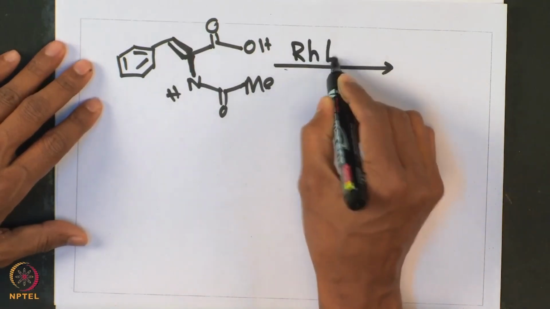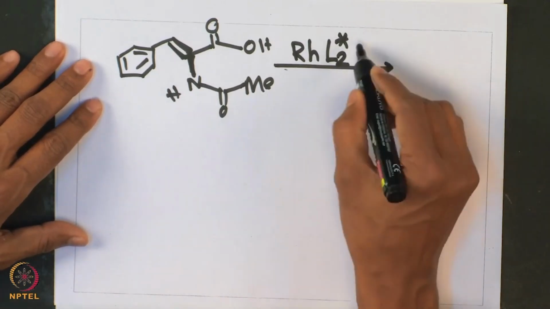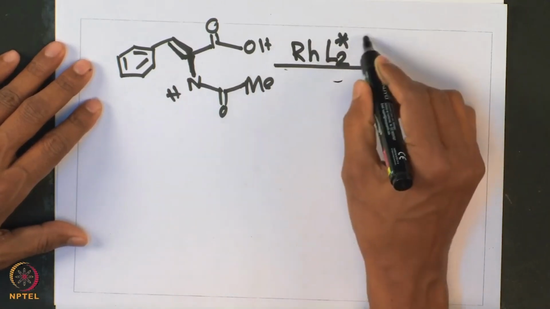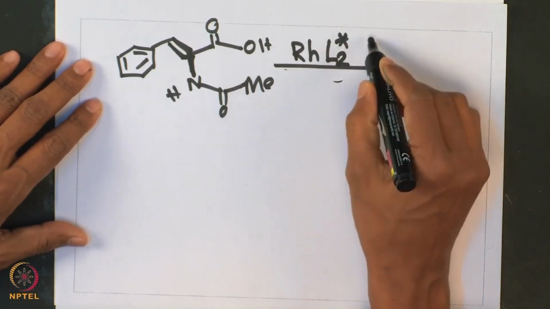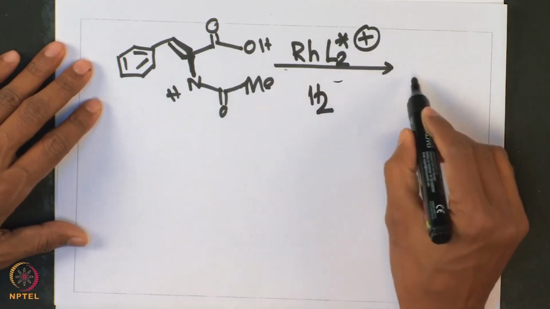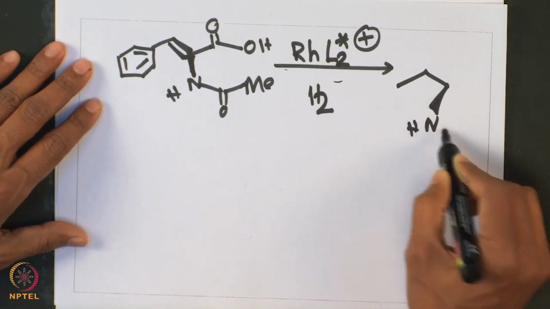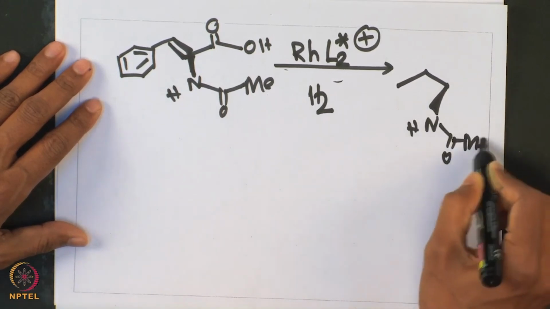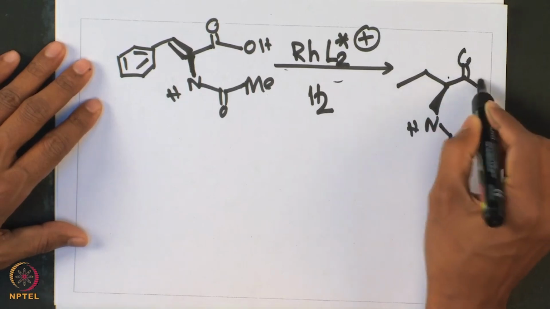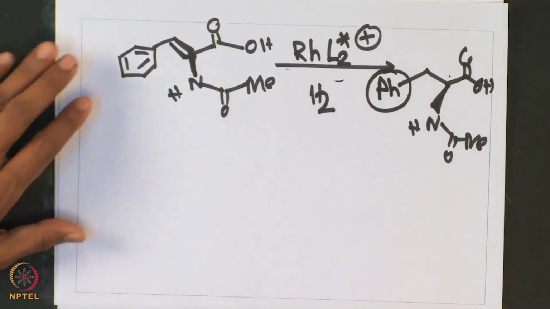The catalyst that will be used is the rhodium complex with a dicoordinated ligand. Of course, this is a chiral ligand, and you have a cationic complex. We use hydrogen to give overall a species that is going to be very interesting for asymmetric reaction. Okay, so we are just putting phenyl over there.